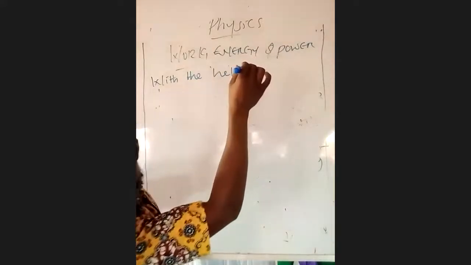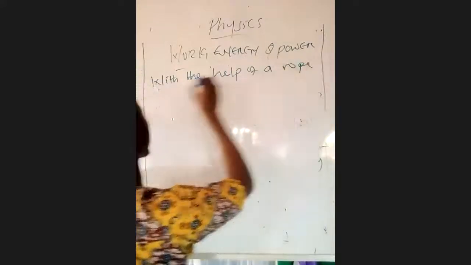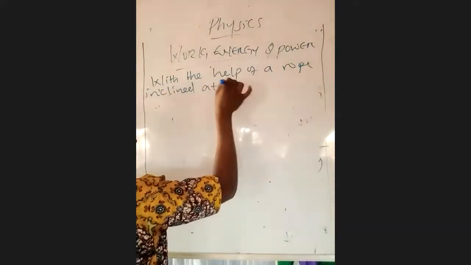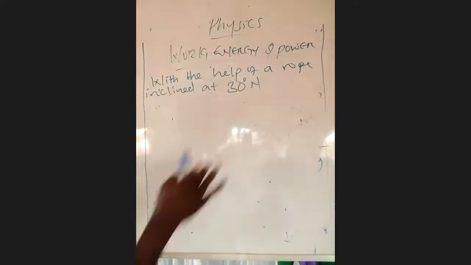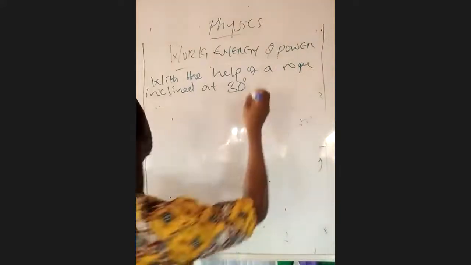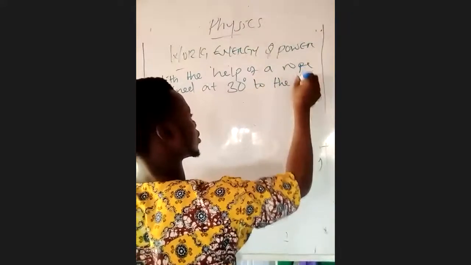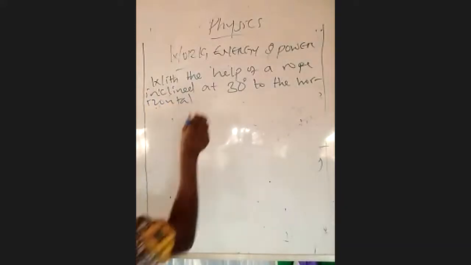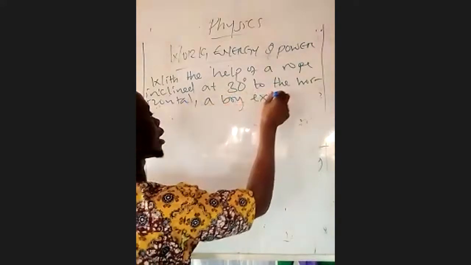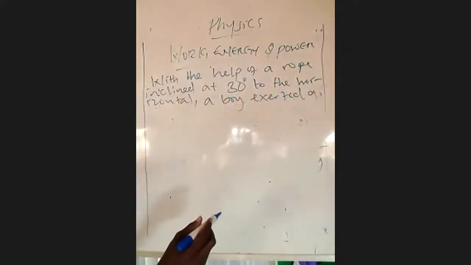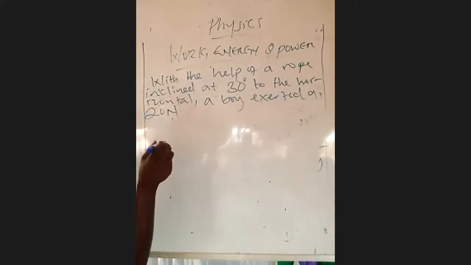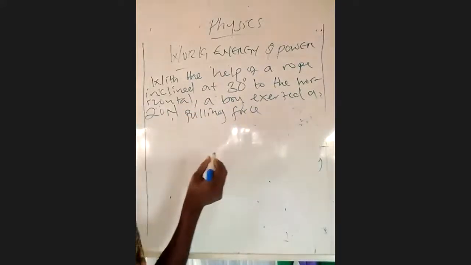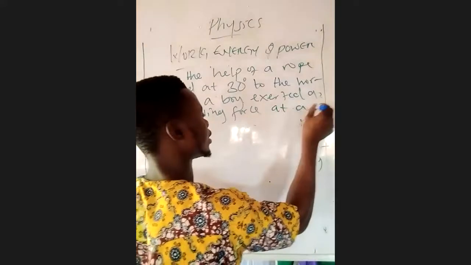With the help of a rope inclined at 30 degrees to the horizontal, a boy exerted a 20 Newton pulling force at a desk.